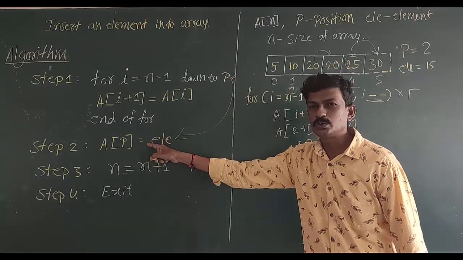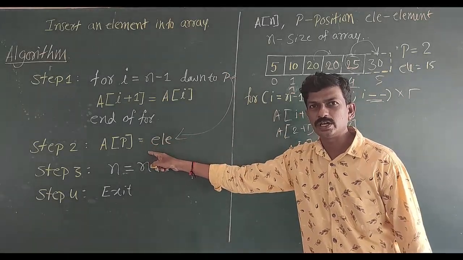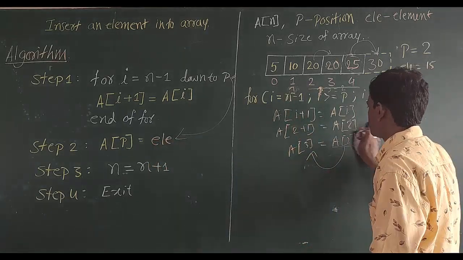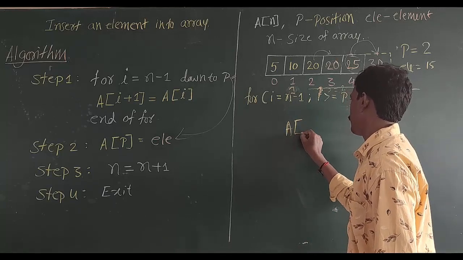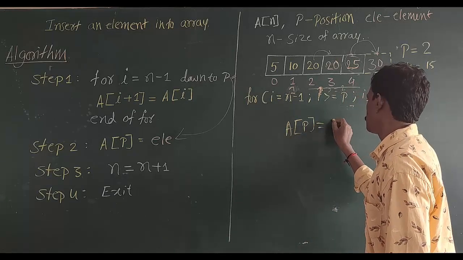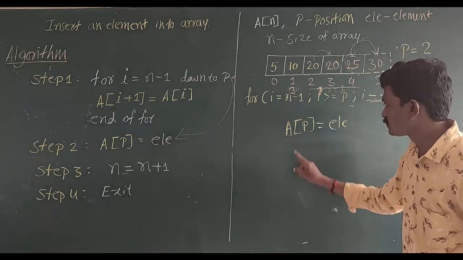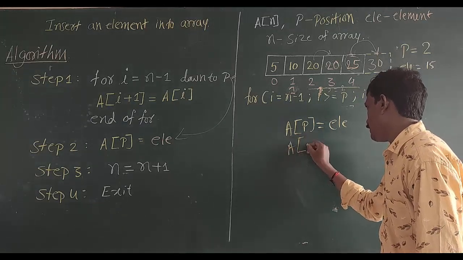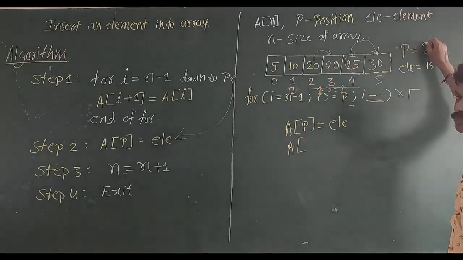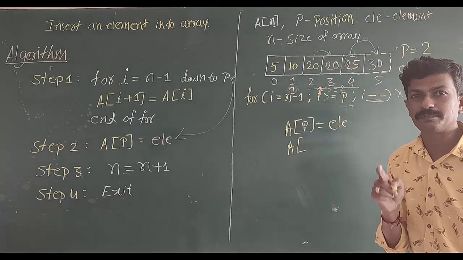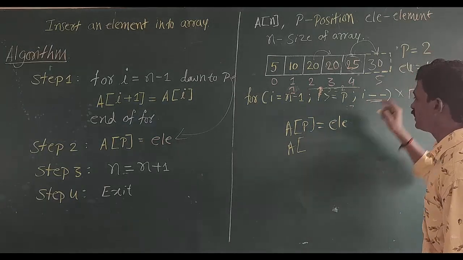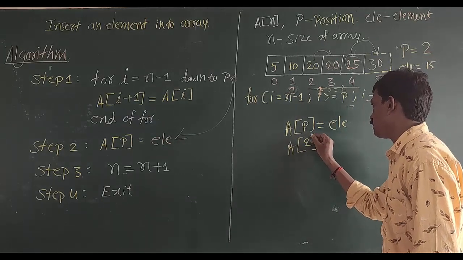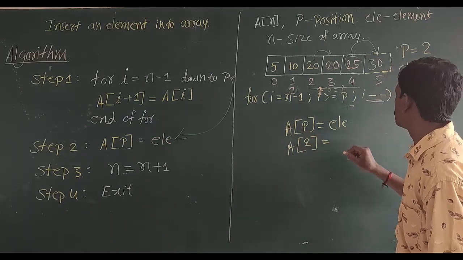A of p equal to element. A of p is the position we mentioned where we want to insert. That is p, and that value is 2. So A of 2 is equal to element.